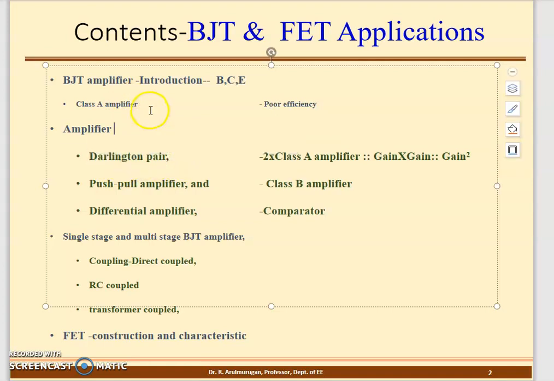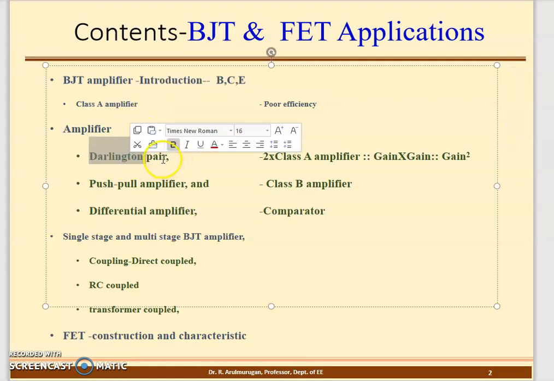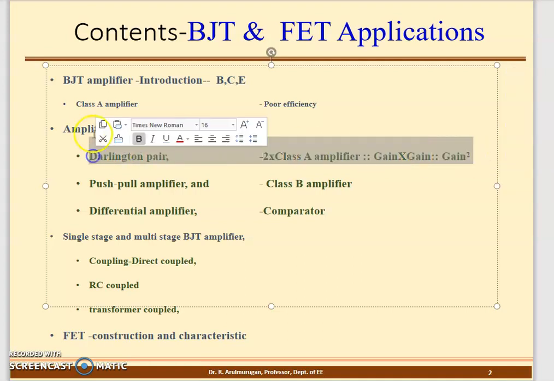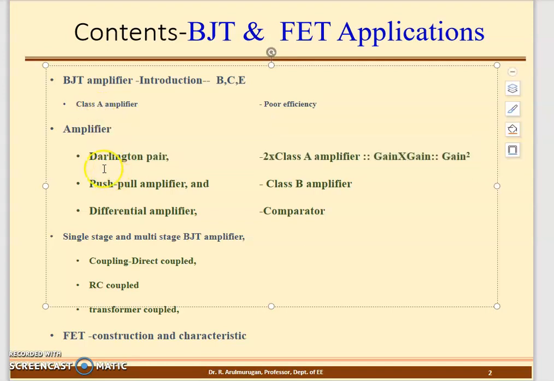So darling means two members, two class A amplifiers. Their gain multiplied by gain gives gain squared, beta squared. This is one of the methods. Class A is a normal 1%, now 2%.